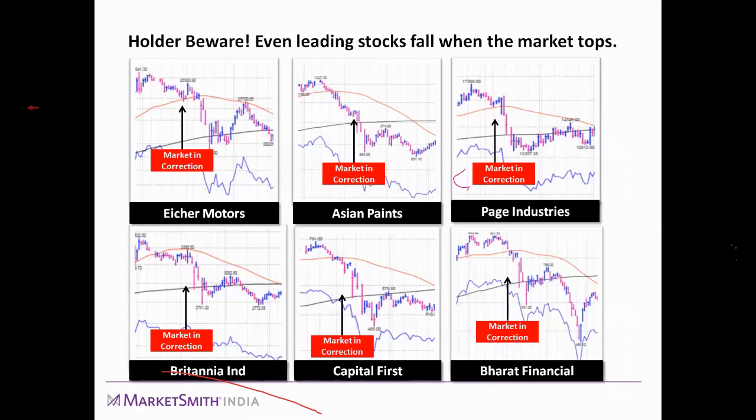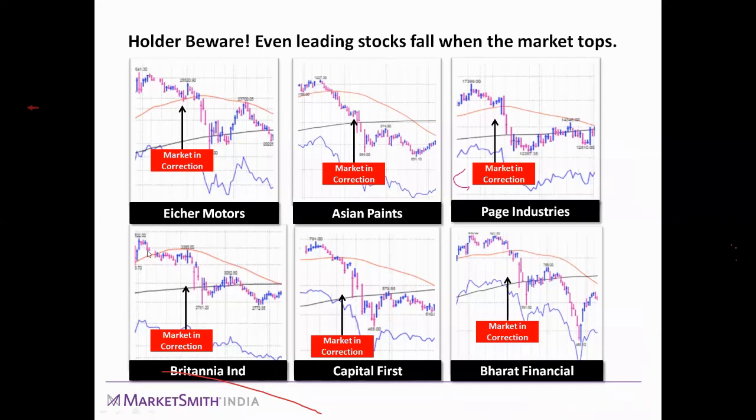That is why, when the market is in correction, strictly follow the rules. When market leaders are not doing well, it's a clear-cut sign that the laggards, which are temporarily doing well, will not continue their run. The third example is Page Industries, which is again a market leader in its segment.